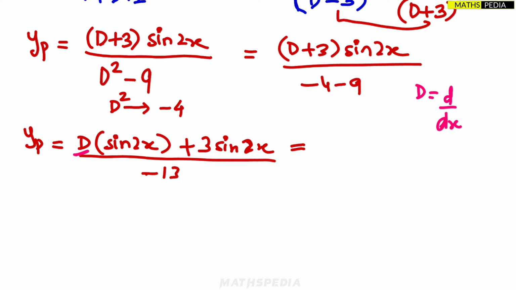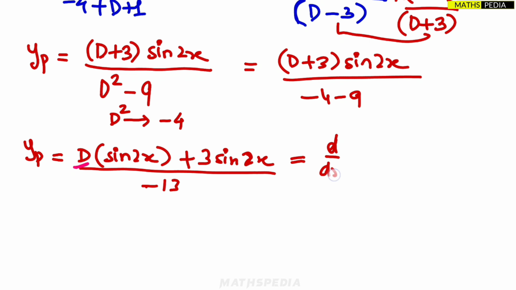In the questions it was directly given D in terms of the D equation, but sometimes they will give it in the form of d square y by dx square plus dy by dx. There we have to substitute the D value as d by dx, right? In those cases we have done these problems also. But here what you have to understand is that the D value is basically differentiation of a function with respect to x. So we are going to differentiate this function sine 2x with respect to x.